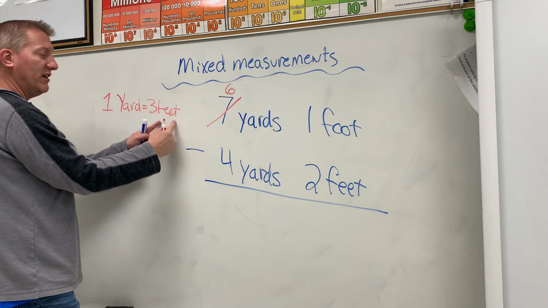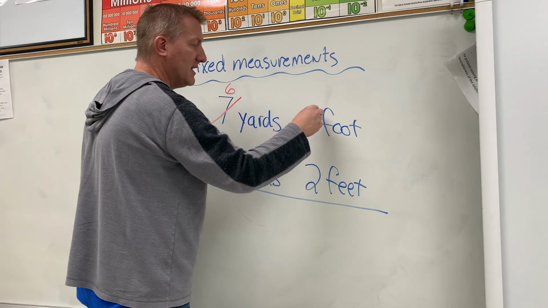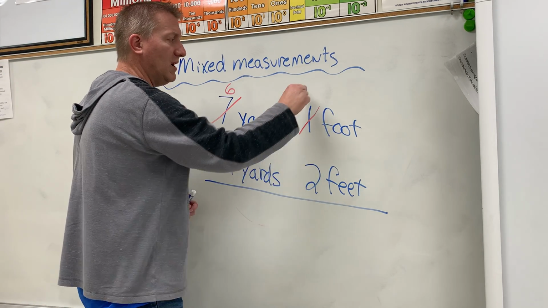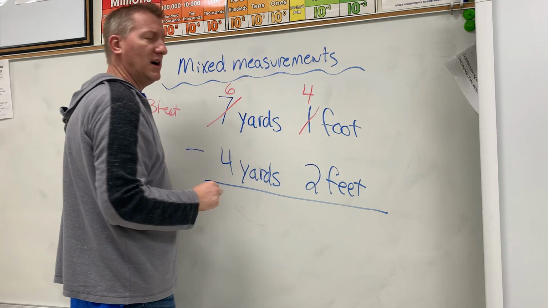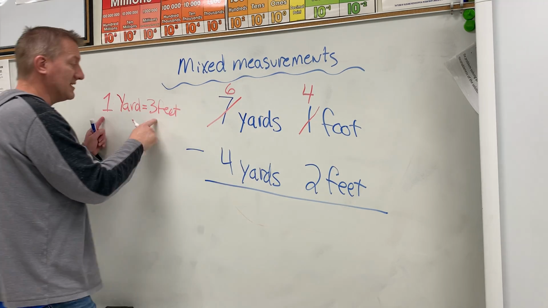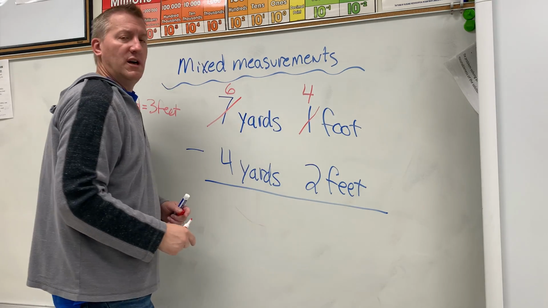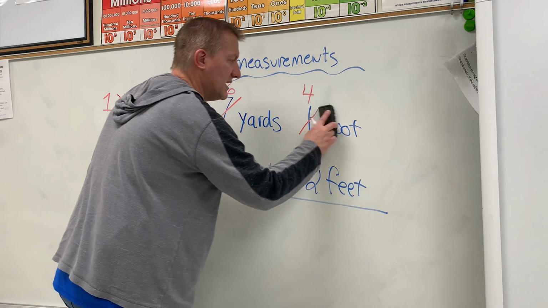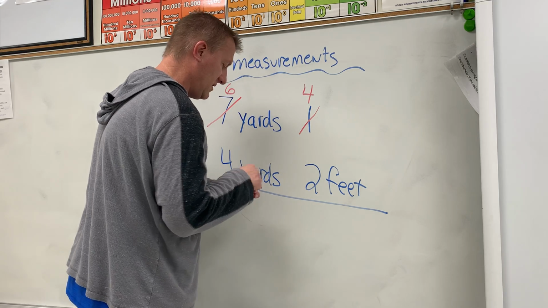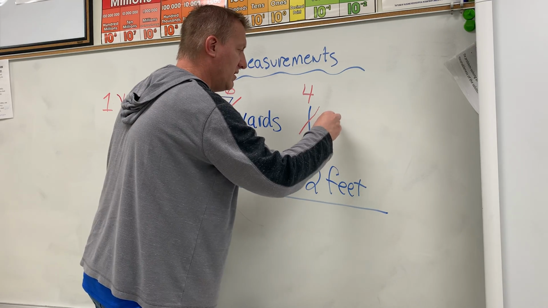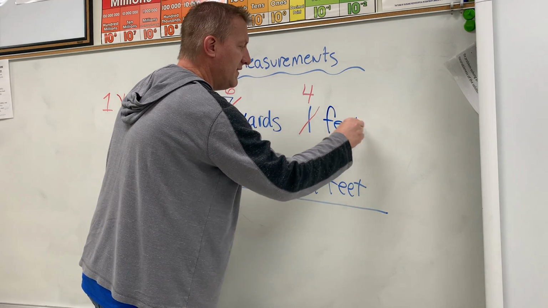So 1 yard equals 3 feet. So now I'm going to cross out the 1, and that's going to become a 4 because I brought these 3 feet over here. So now instead of 1 foot, it is 4 feet.